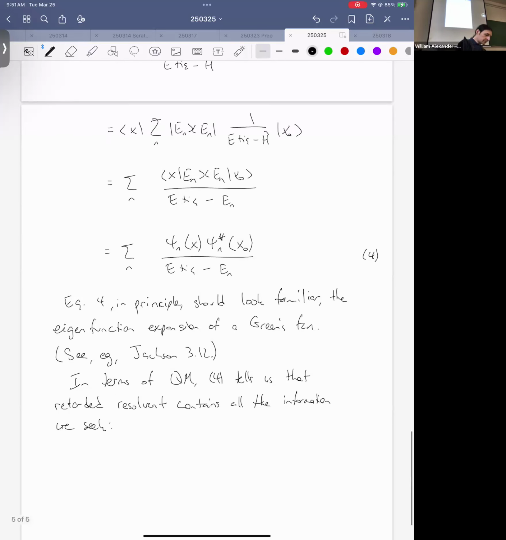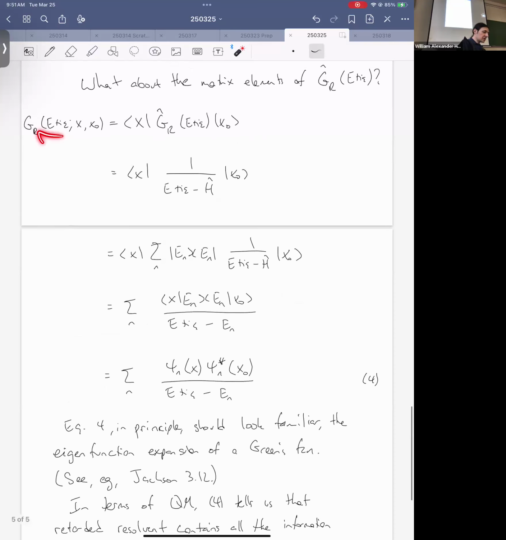In particular, the energy eigenvalues are given by the poles of equation 4. Pole is a technical term from complex analysis. All it's saying is that, as I said, we could think about scanning this G as a function of E. Where does this thing blow up? Where does it go to infinity? It goes to infinity when E is E_n. And those E_n are precisely the energy eigenvalues of the problem.